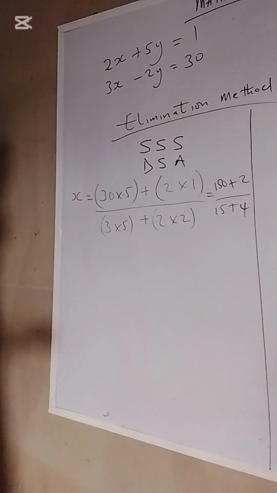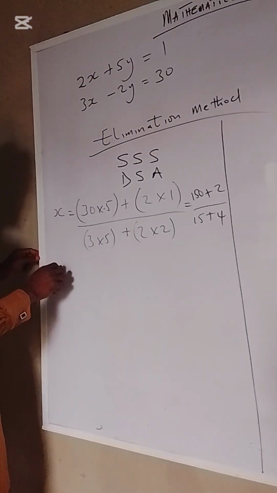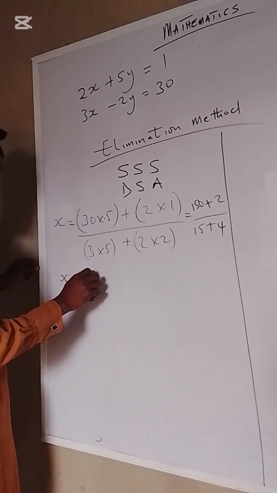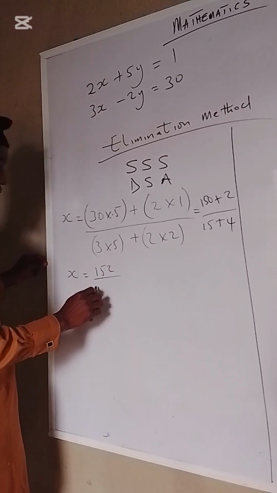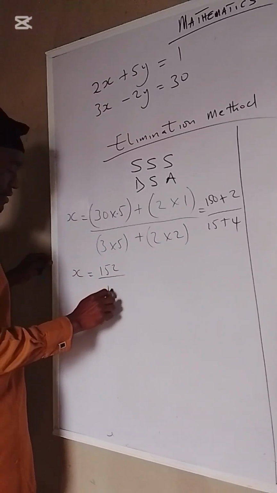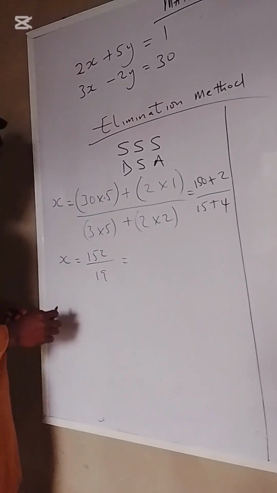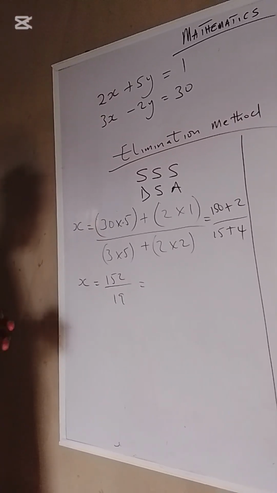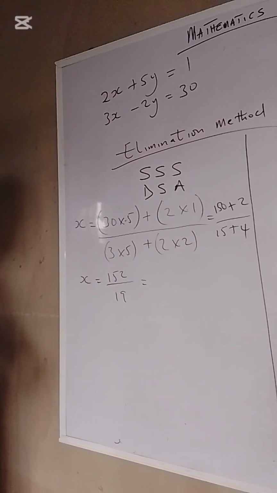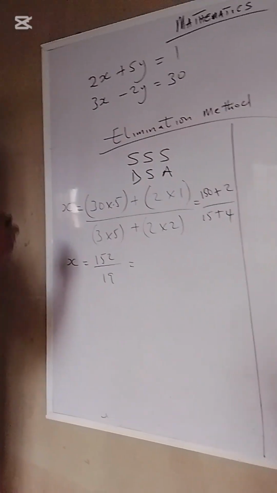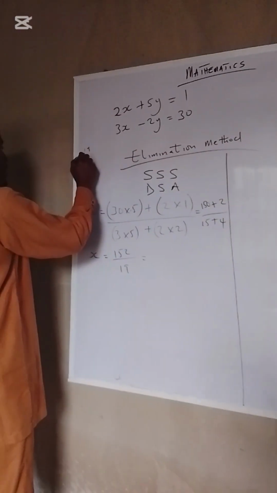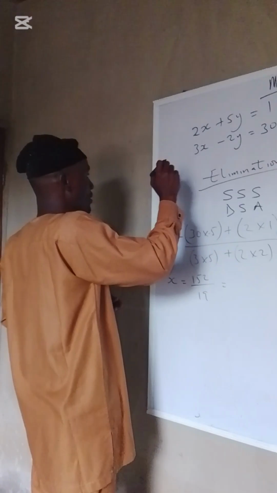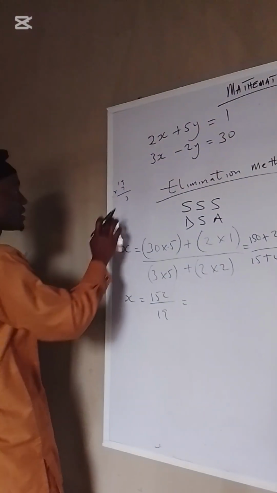So our x is equals to 150 plus 2, that's 152, divided by 15 plus 4, 19. So how many 19 can we see in 152? Let's try and draw mathematics. 19 times 7, what would that give us? 7 times 9, 63. That won't be the answer.